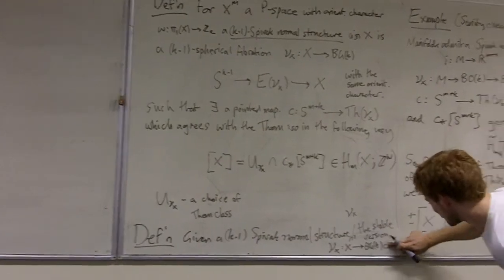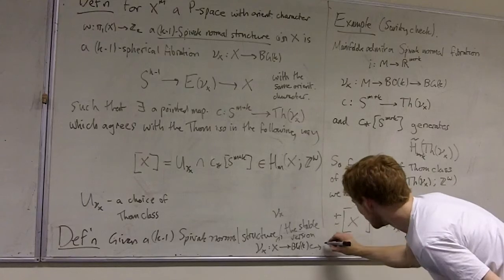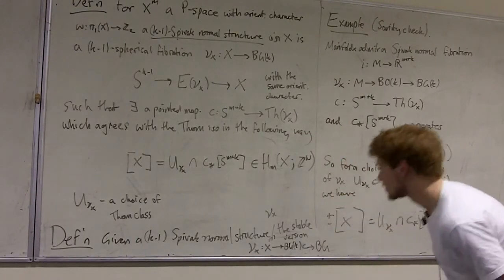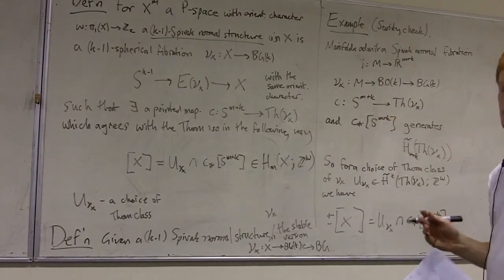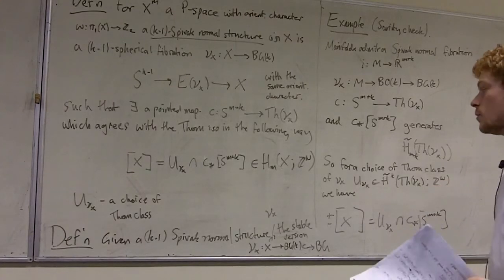This is a bit inglorious for the definition of it, isn't it? So the stable version of any (K-1) Spivak normal structure is called the Spivak normal fibration.